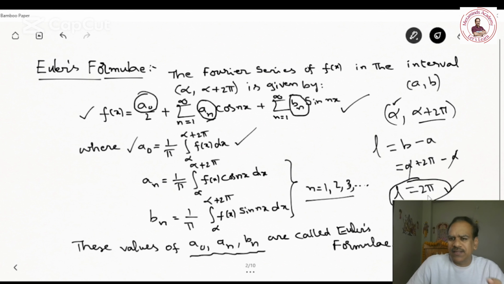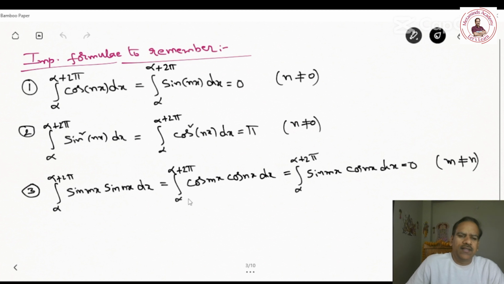Whenever the length of the interval is 2 pi, we will have pi over here, that is, 1 by L where L is half of the length. We will see the concept of arbitrary interval in coming lectures. First we are going to deal with intervals of length 2 pi, and you have to remember some formulas.